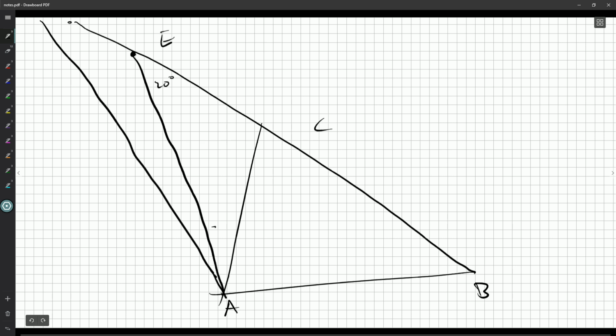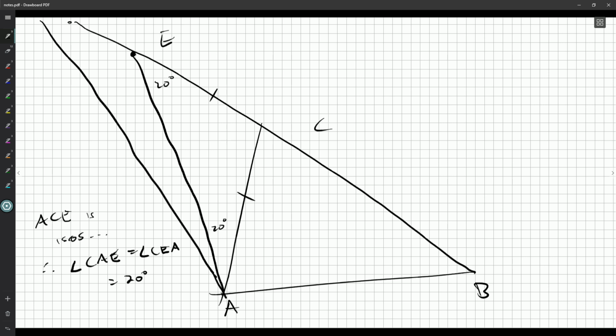So we get 20 here, you get 20 here. And you'd have to actually say, triangle ACE is isosceles. So therefore, CAE is CEA. And they're both going to have to be 20. This is not a big calculation to make. And depending on who's marking, you could just state it, or you could show it. We've got a nice little 40 here.